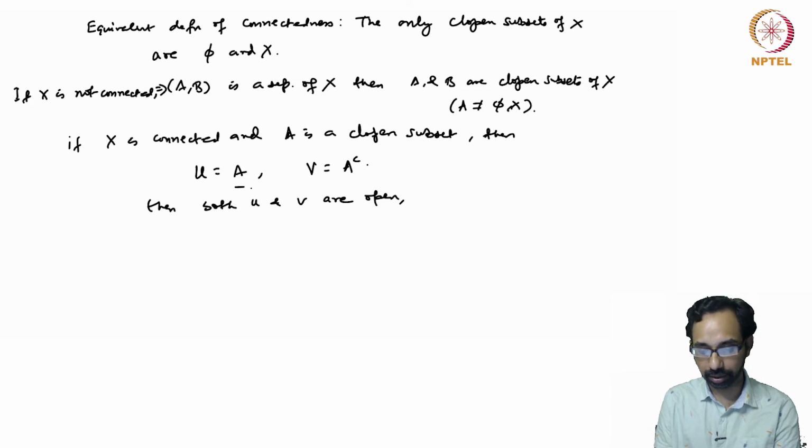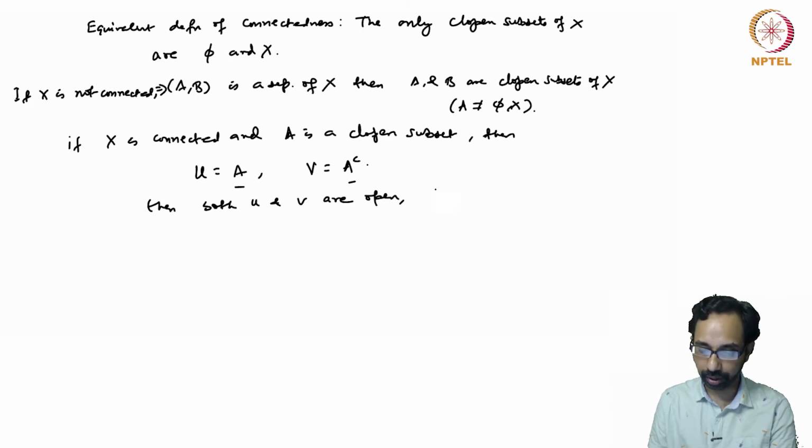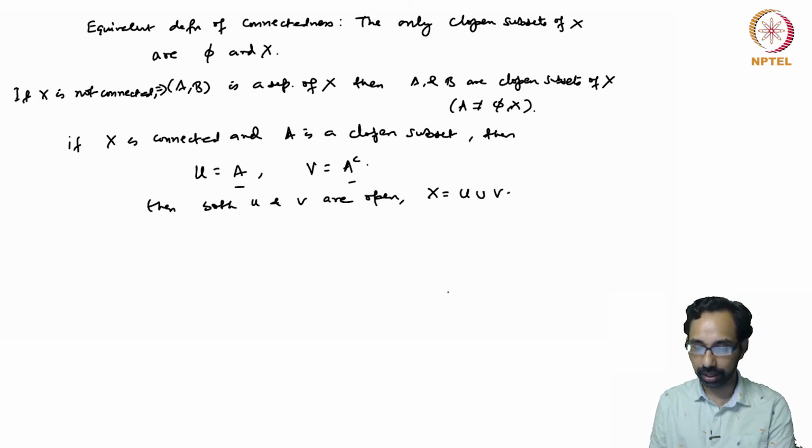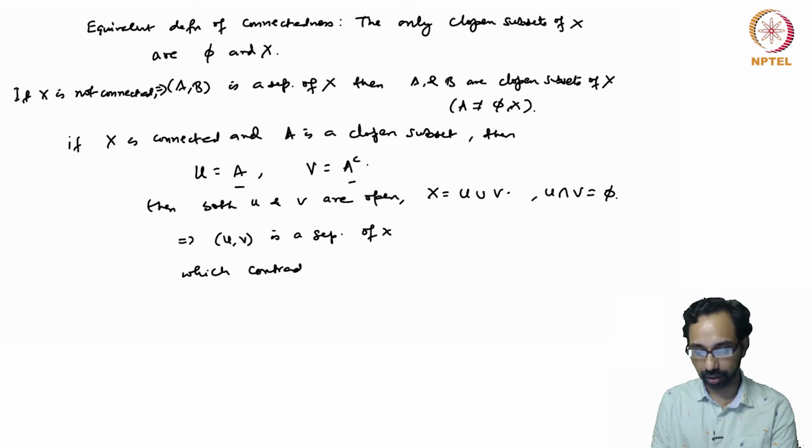Because A is open, so U is open, and A is closed, so V is open. So both U and V are open, and X is the union of these two sets, U and V, and U and V are disjoint, which means that (U, V) is a separation of X, which contradicts the assumption that X is connected.